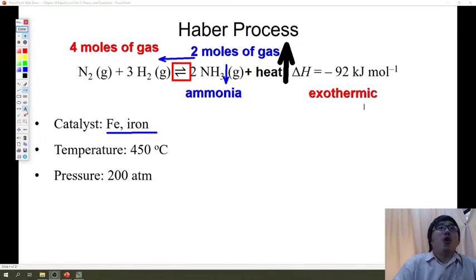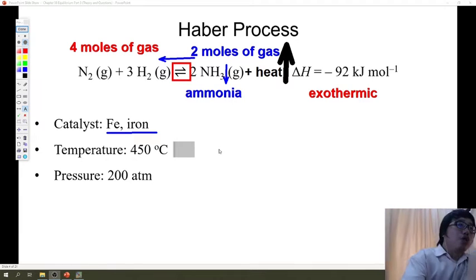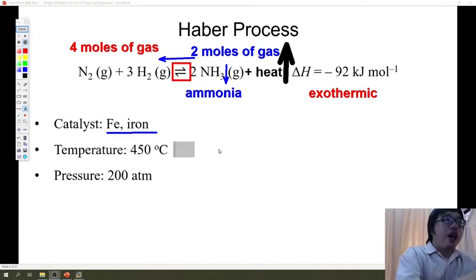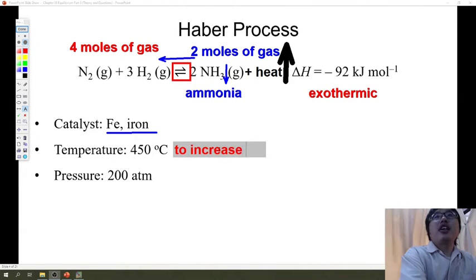There is only one reason. 450 degrees, although it decreases the amount of ammonia, increases the rate of reaction.